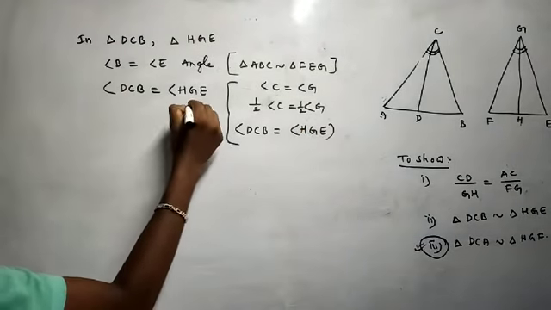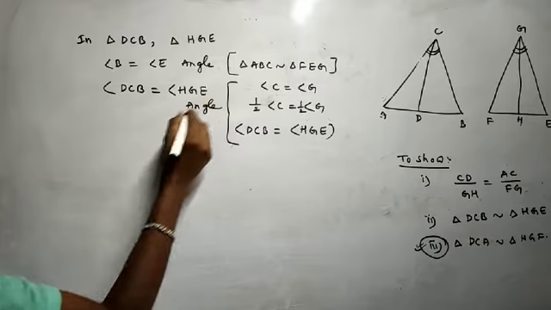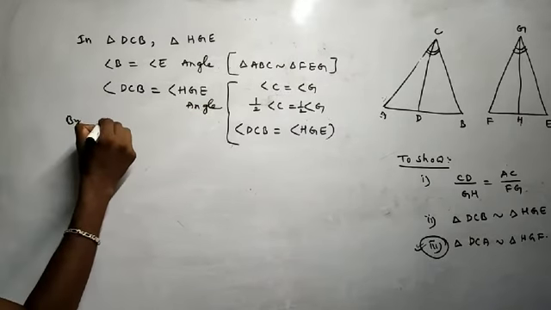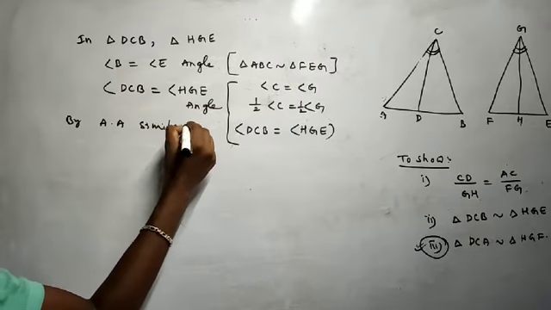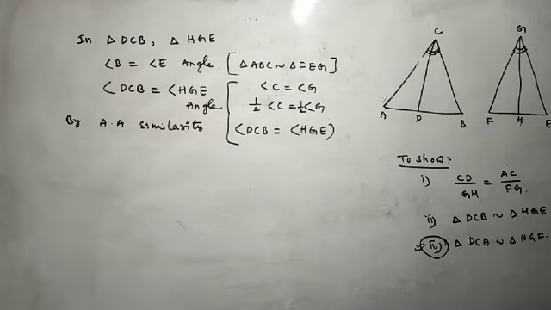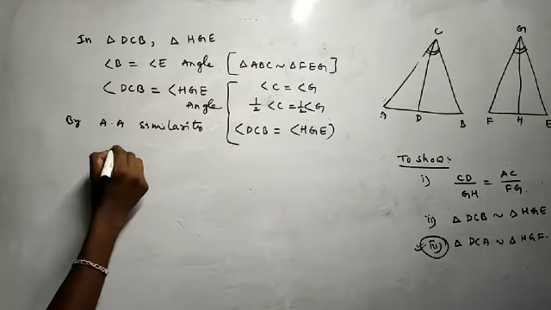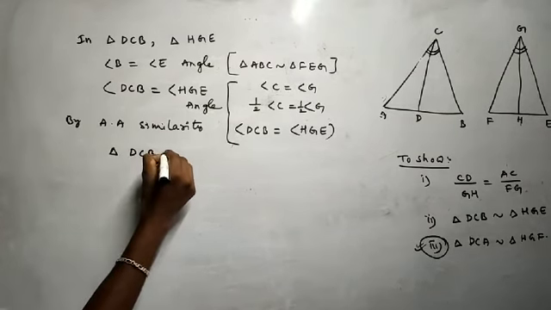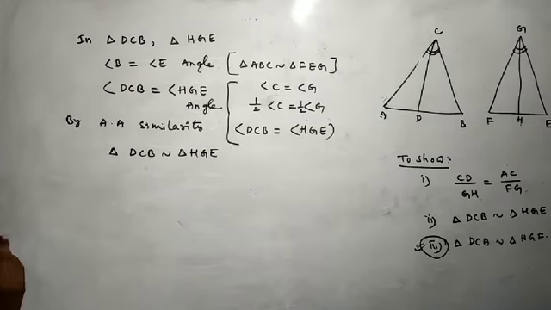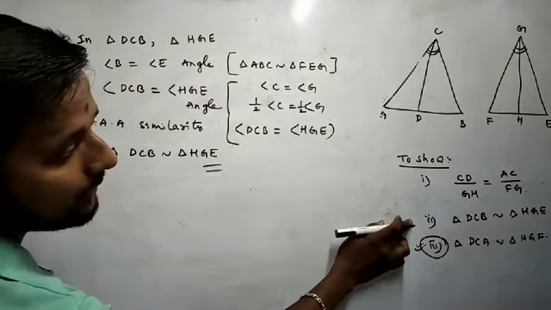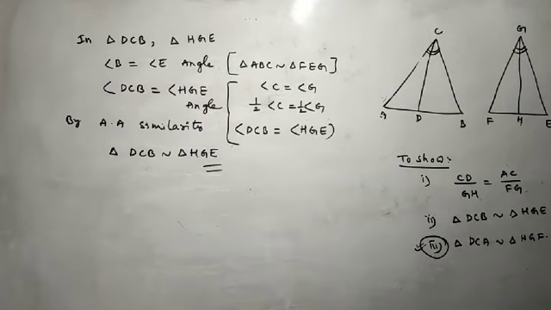So by AA similarity, triangle DCB is similar to triangle HGE. So we proved the second one also. Overall, all 3 requirements are satisfied.